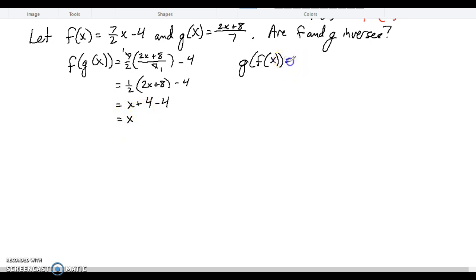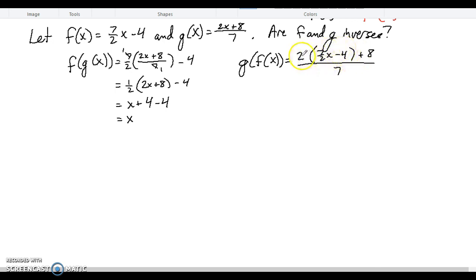That's what we want to see if they're going to be inverses. So let's check this one. Well, here we start with g, we remove that x, and we put f in its place. So g was 2 times something plus 8 all over 7. And that something is 7/2 x minus 4. And now we simplify.